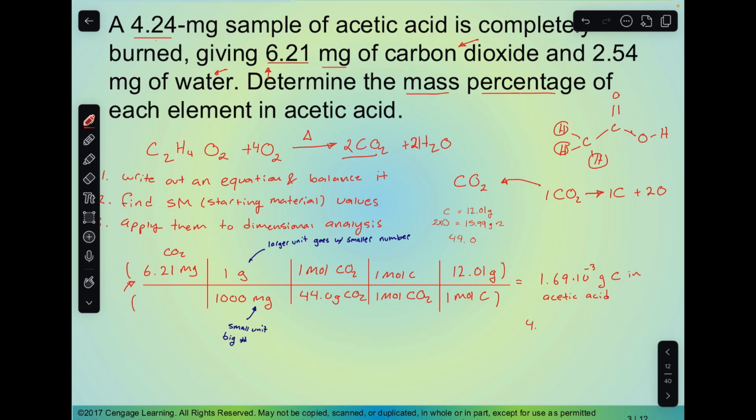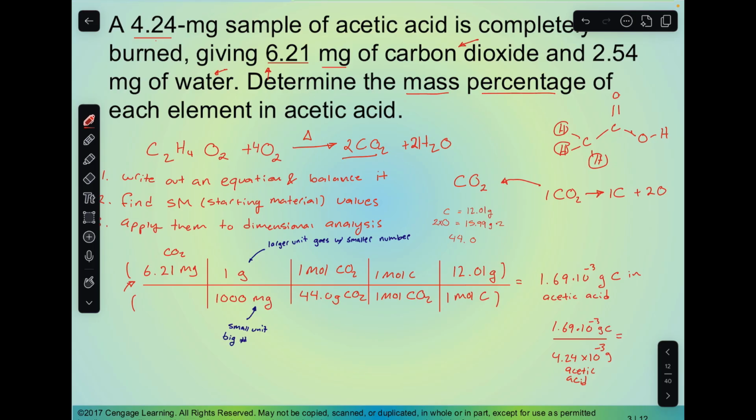So that's going to be 1.69 times 10 to the negative 3 grams of carbon divided by 4.24 times 10 to the negative 3 grams of acetic acid.